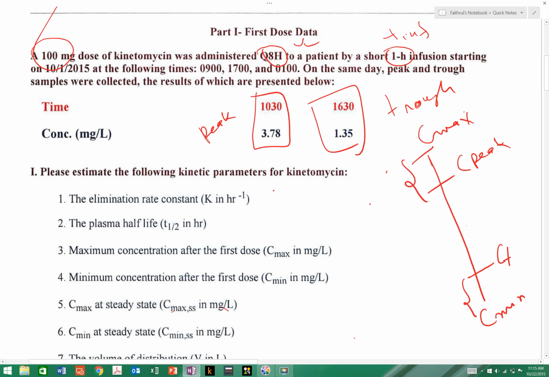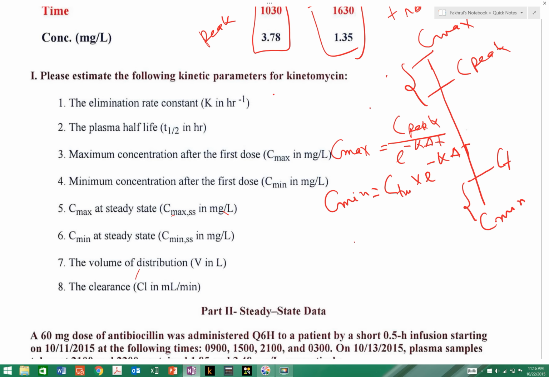Then you use that equation: Cmax is equal to C peak divided by e to the negative K delta T, and for Cmin you are going to use C trough times e to the negative K delta T. This is trough.